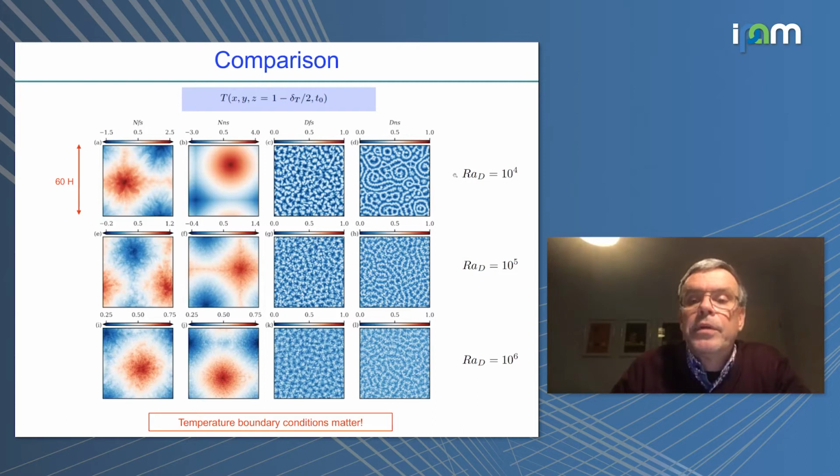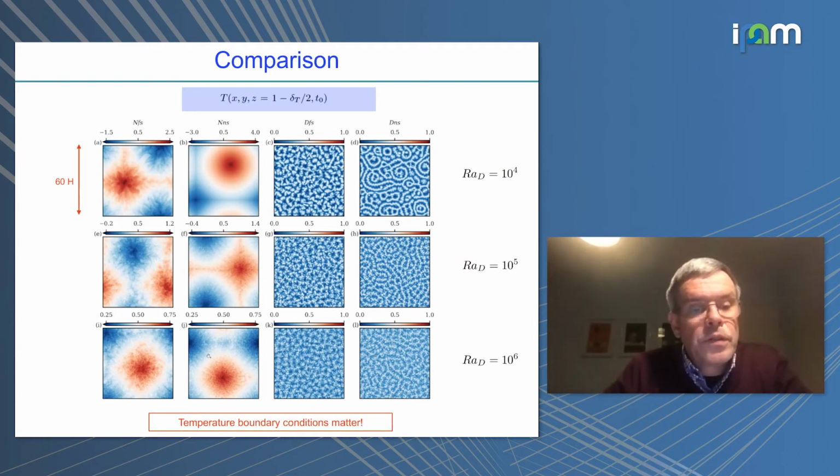The Rayleigh numbers are 10 to the 4, 10 to the 5, 10 to the 6. These are given for the reference case, which is always the DNS in the right column. You observe for the Dirichlet case the characteristic patterns of the temperature field, which are well known and which continue to exist also into the fully turbulent regime, as you can see in the bottom right.